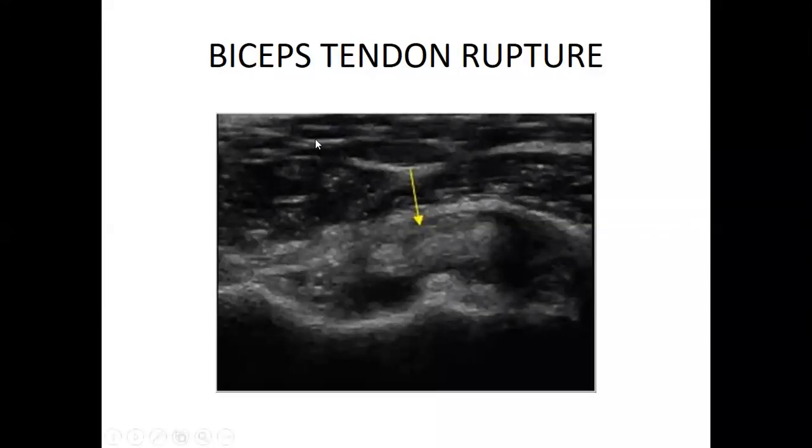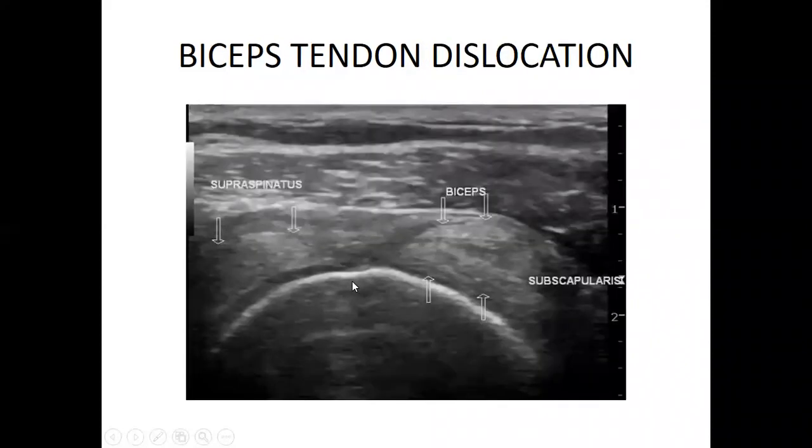Again, you can also see the deltoid muscle. The idea is to know the structures around it. This is the deltoid muscle. This is the bicipital groove where the long head of the tendon sits, and it has been pulled away from it. Then this was the biceps tendon dislocation.